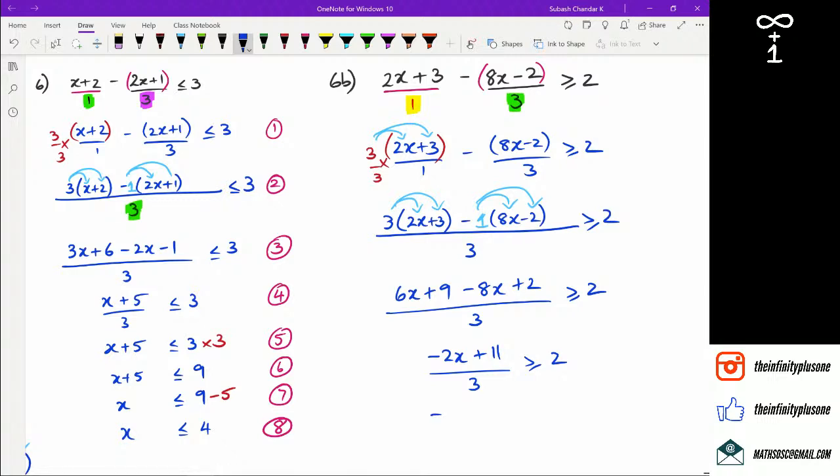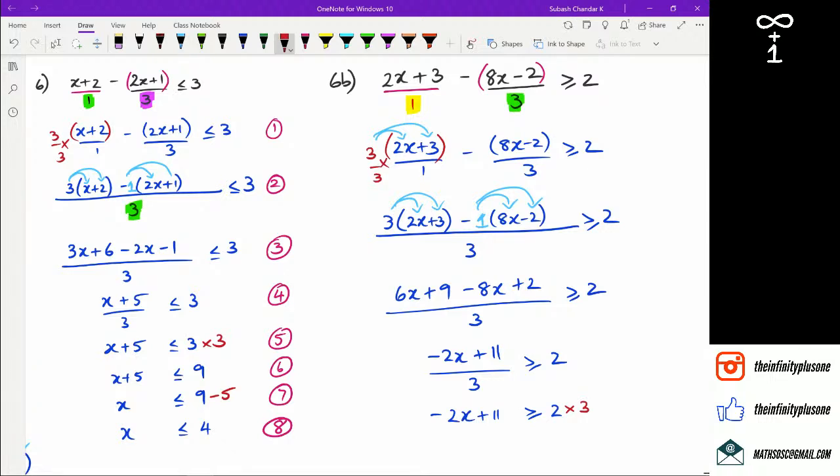So get rid of the 3. When I take the 3 to the right-hand side, because it's in the denominator, when I bring it to the opposite side, it comes in the numerator. Or the same thing as saying, because it's being divided by 3, when it comes to the other side, it's multiplied by 3.